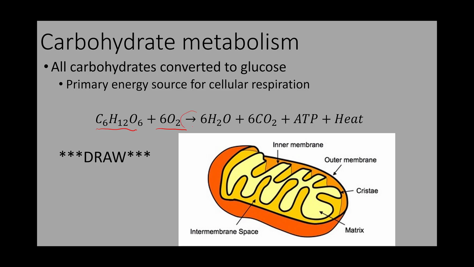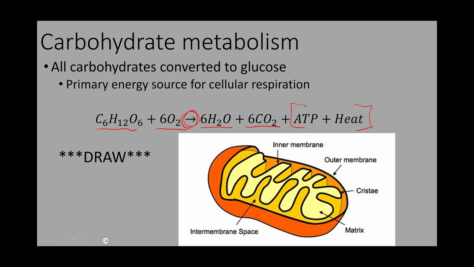Then we have the act of cellular respiration. We go through the reaction, and as a result of the reaction, we get some water as a byproduct. We actually create water. It's not quite waste, but it is a byproduct of cellular respiration. We also get 6 molecules of carbon dioxide, CO2. When we breathe out carbon dioxide, that's where the carbon dioxide comes from: cellular respiration. And then we originally just said energy, but now we're going to make that a little bit more specific.